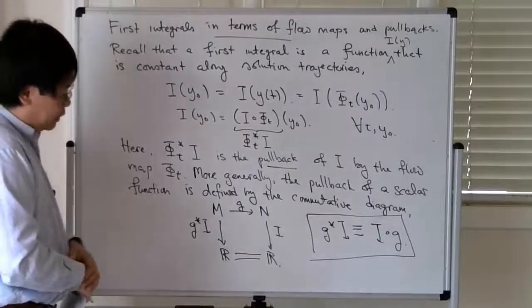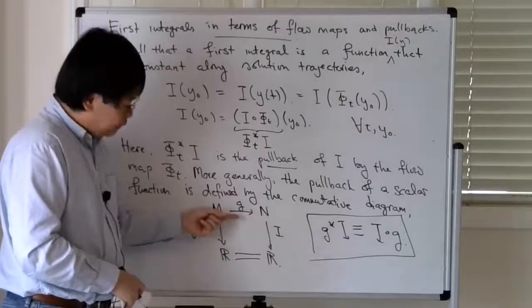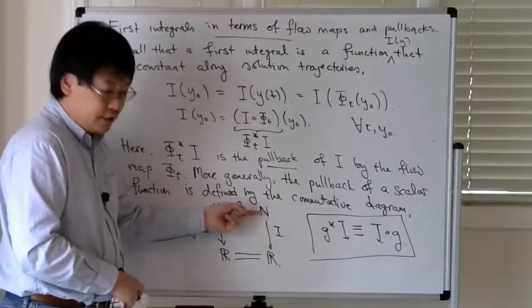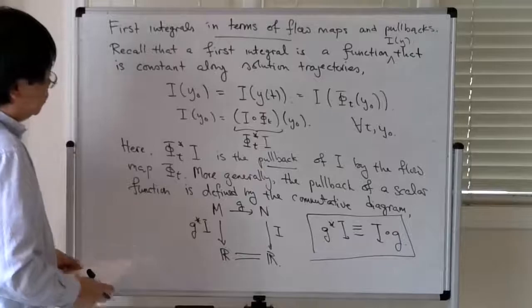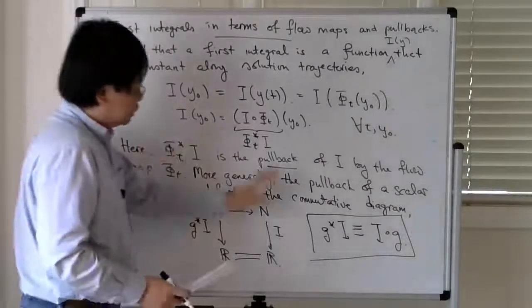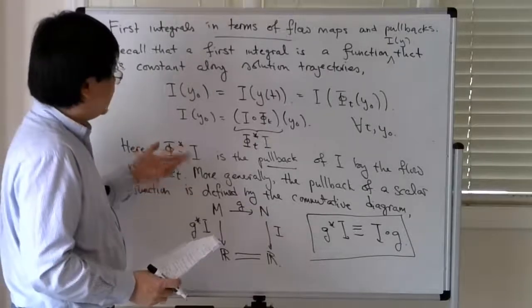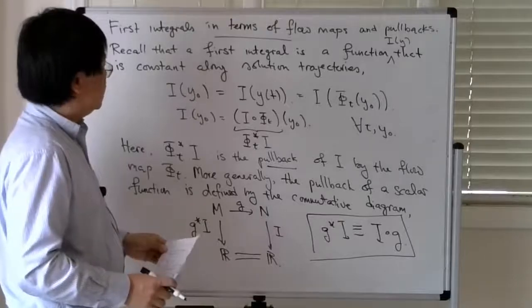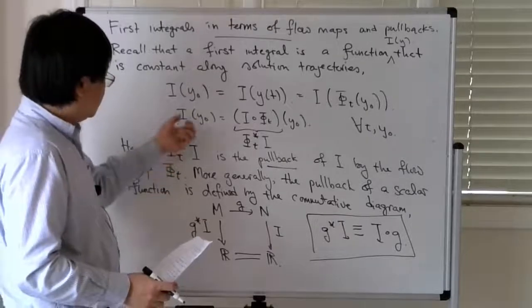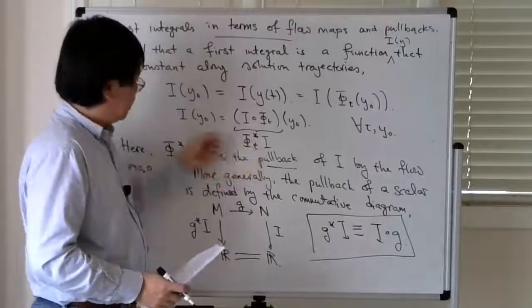One nice thing about it, which is again easy to observe, is that the pullback is defined even if this map G is not invertible. Okay, so again, once you have this language of flow maps, it becomes very easy to talk about first integrals. So a first integral is basically a function whose pullback by the flow map is itself.